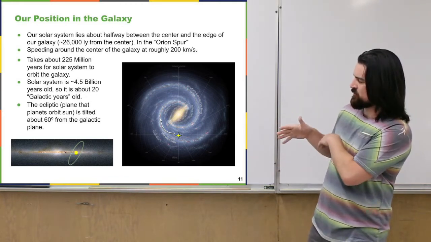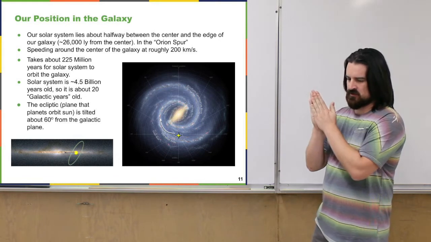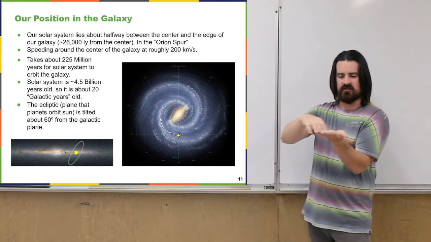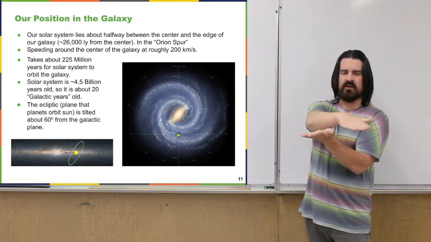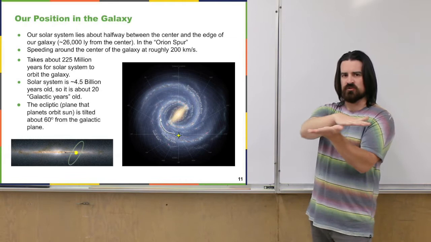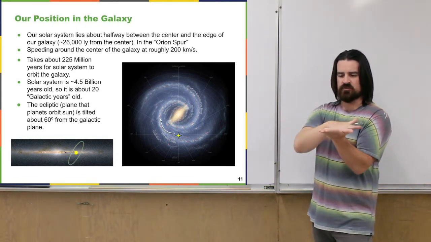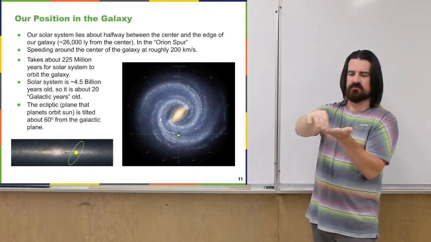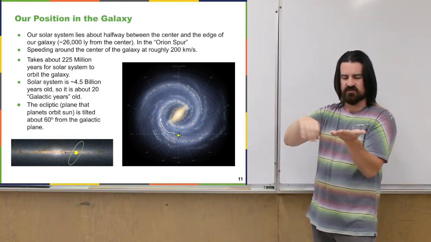Then the last thing I wanted to point out is that when we're talking about our solar system, we have the sun in the center, and all the planets are orbiting around, and they're all orbiting in a pretty similar plane, right? I told you about what we call the ecliptic. That's the plane that gets drawn out by the Earth's movement around the sun.